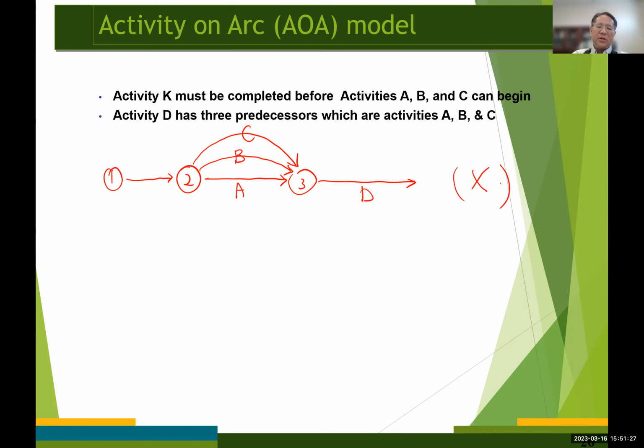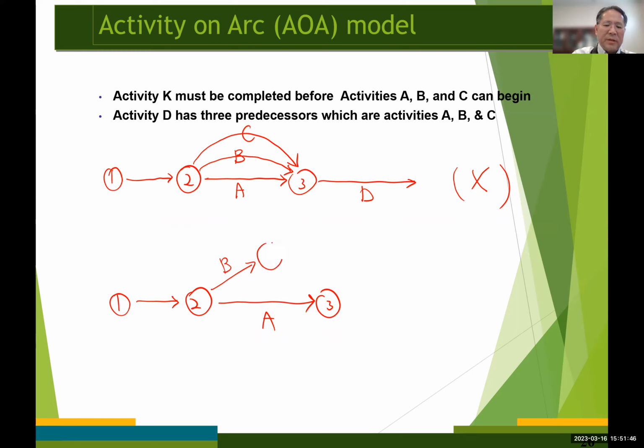So again, we utilize dummy activities, which take zero time. So we have 1, 2, 3, and this is activity A. And then you have activity B. And we have a dummy activity here that has zero time.